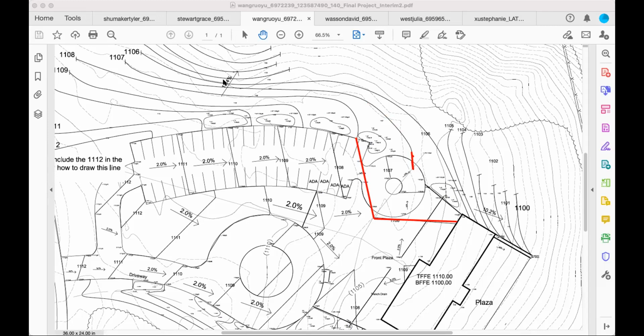Sorry. So your 07 needs to go like this. Does that make sense? Oh yes, I missed that line while refining the contours. So that is the correct 07.